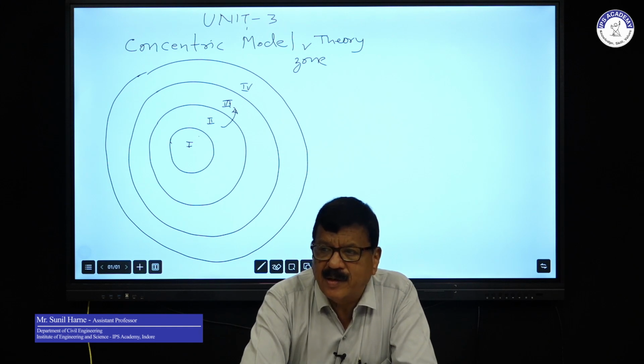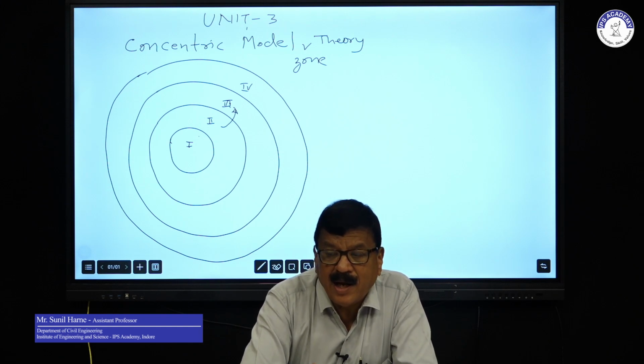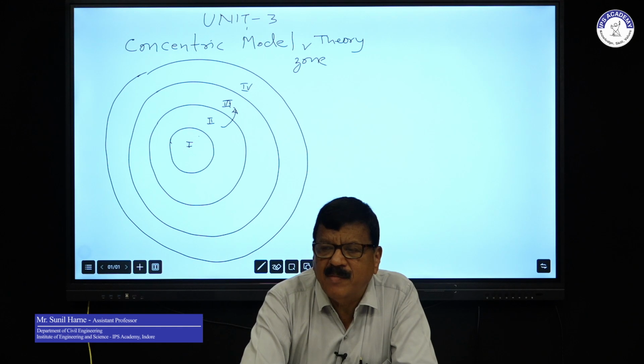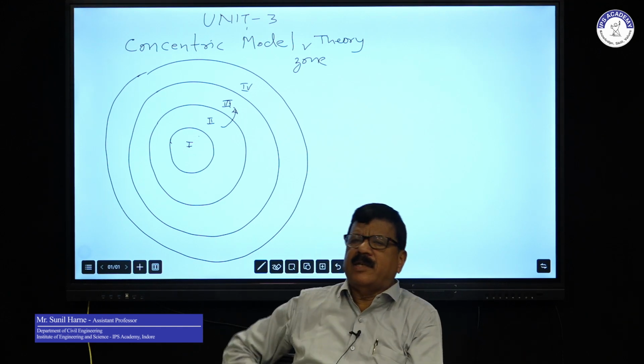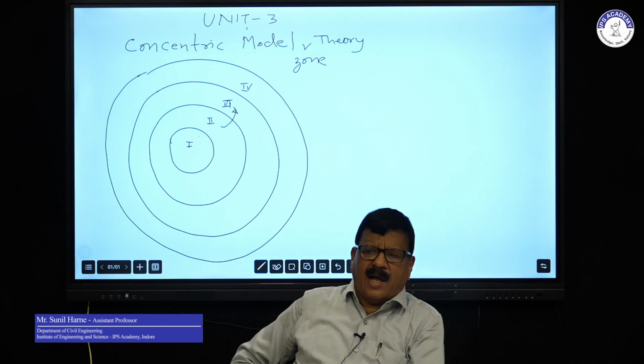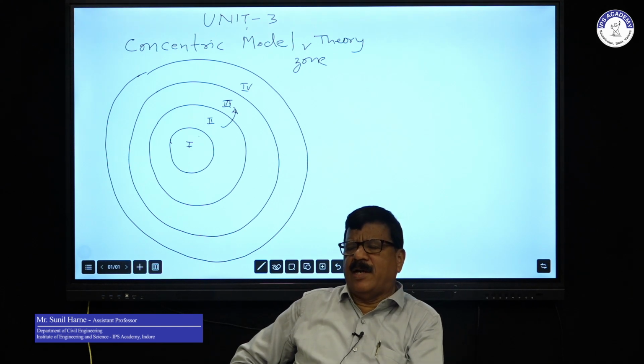One more point I forgot, the sixth point. Political factors also affect it. You can write it in between, mark it with a star, in your fair notes. The sixth point is that political influence also affects the expansion of the city radially.